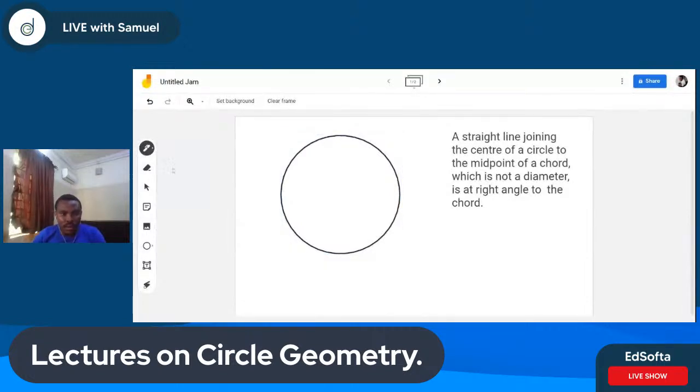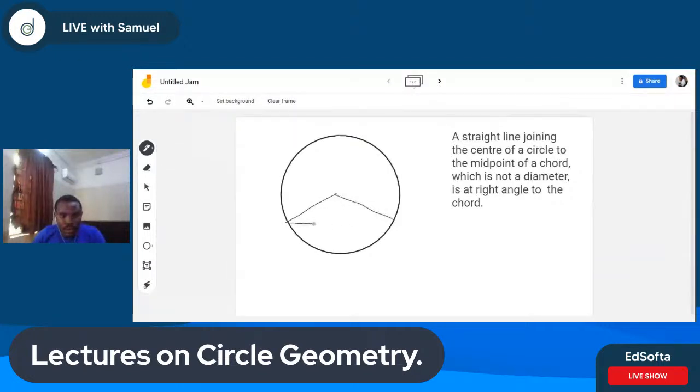To have a circle, we have the midpoint. So we can draw a straight line. We can draw another straight line.